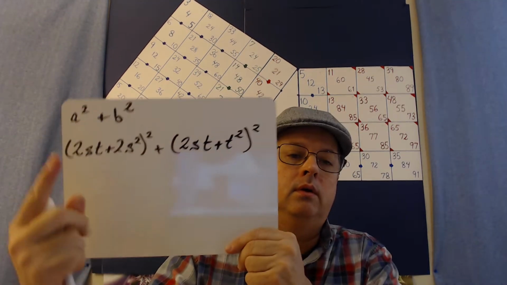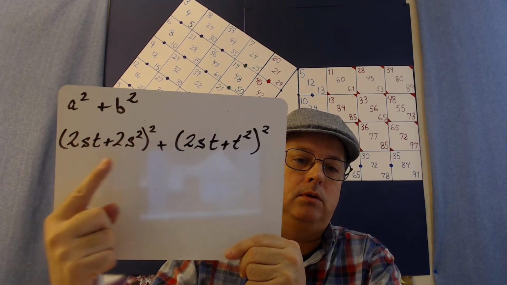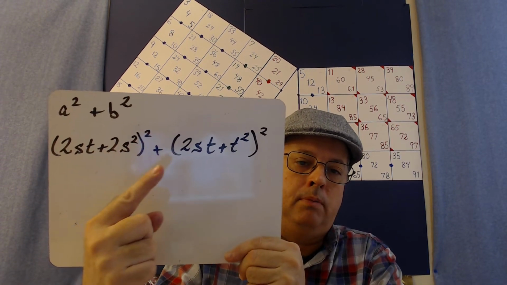Okay, so we have a squared plus b squared, and this was our a expression squared plus our b expression squared.